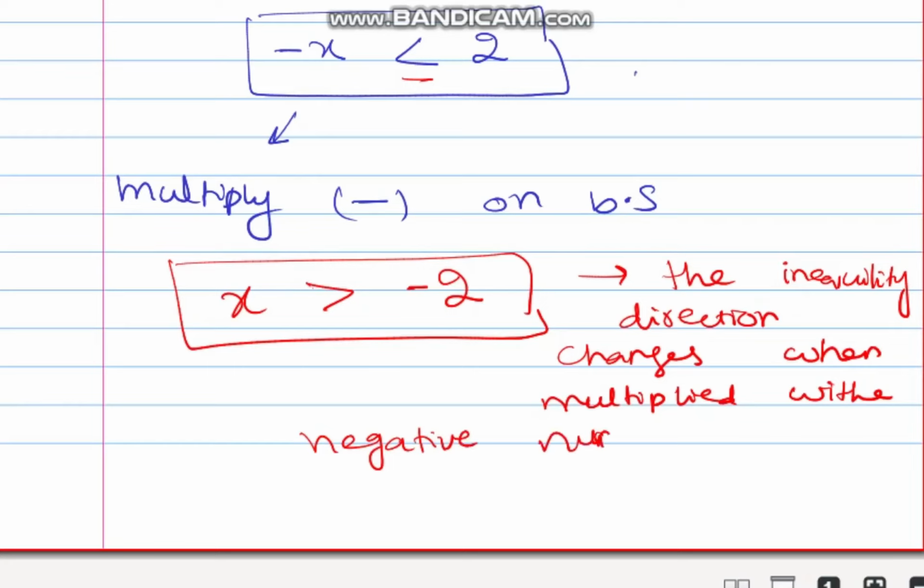What is meant by a negative number? Negative number means minus sign. So it's a very important thing, you should bear it in mind. The inequality direction changes when multiplied with the negative number.